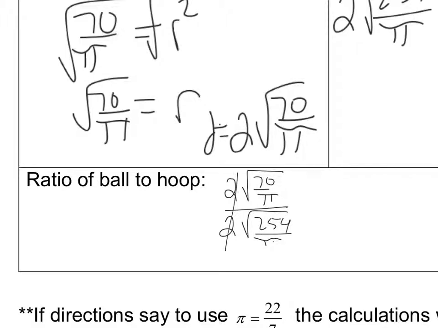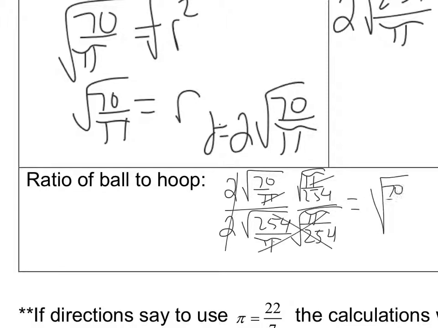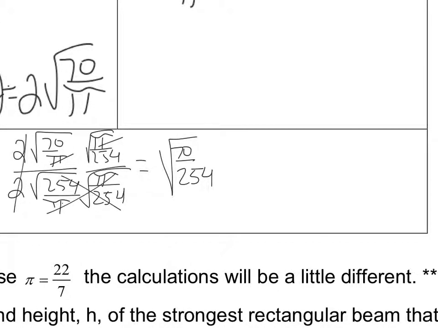So the 2's can cancel, and when you multiply by the reciprocal of this, you have pi over 254, the square root of that, so the pi's cancel, so really we have the square root of 70 over 254. Now we've got to simplify that. Okay? So you get the ratio is square root of 35 over 127. And we'll just leave it at that.